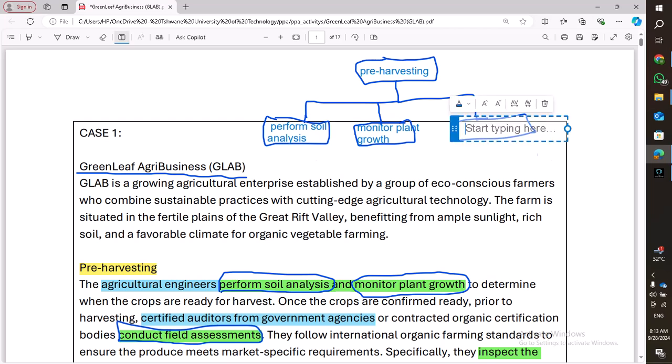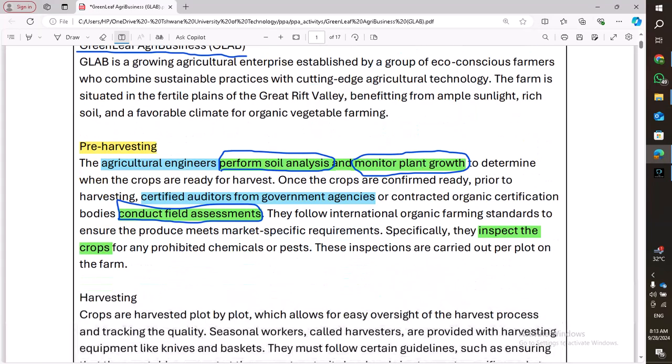They conduct the field assessment. They follow the internal organic farming standard to ensure the products meet the marketing standard.